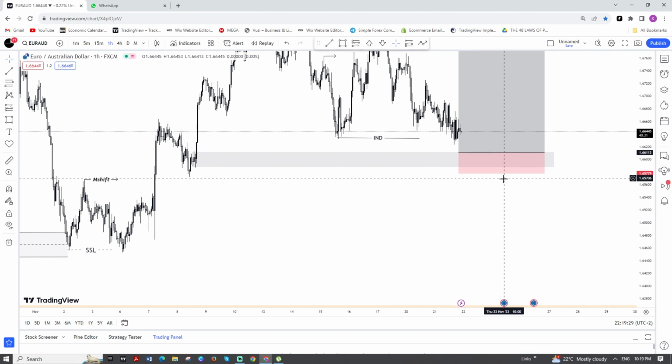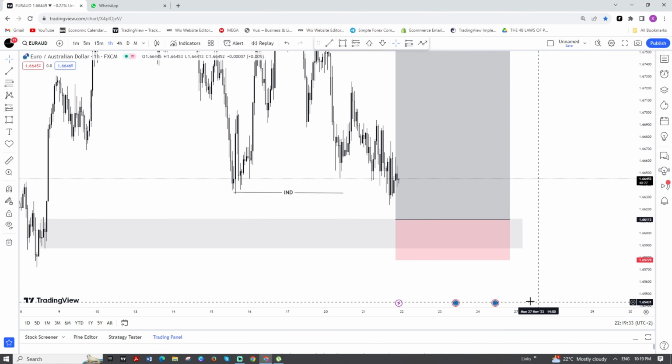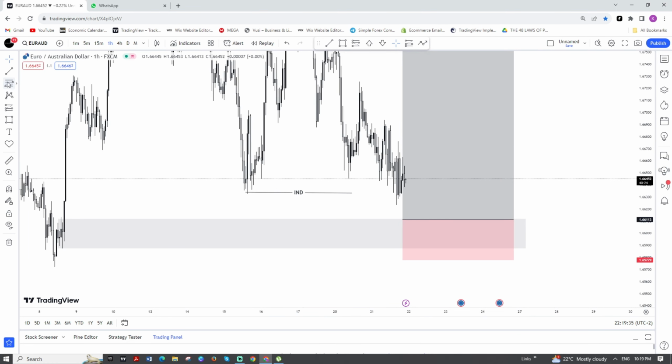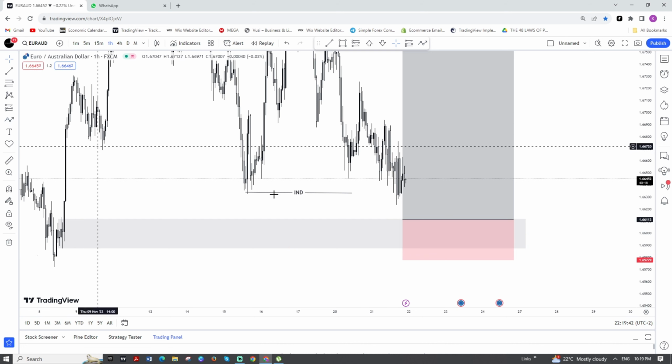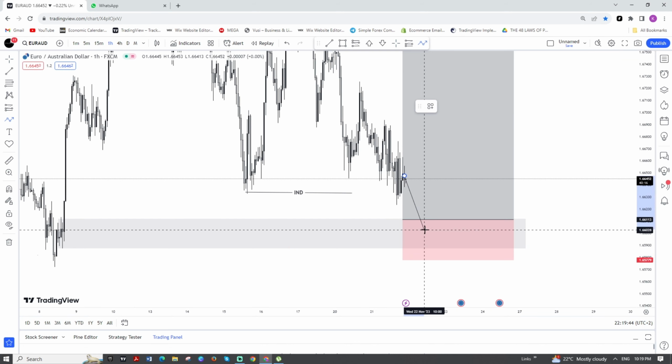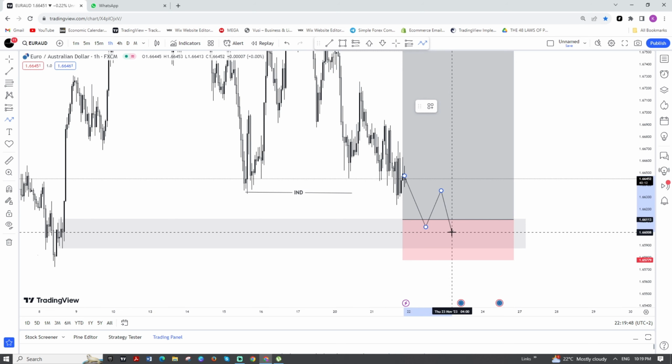So what do we do? We wait for the confirmation. We wait for the second entry confirmation, or we wait for the internal sweep that is going to happen inside our order block, guys. So the market is going to come inside, mitigate, go up a little bit, sweep that position right there, and then go up again.